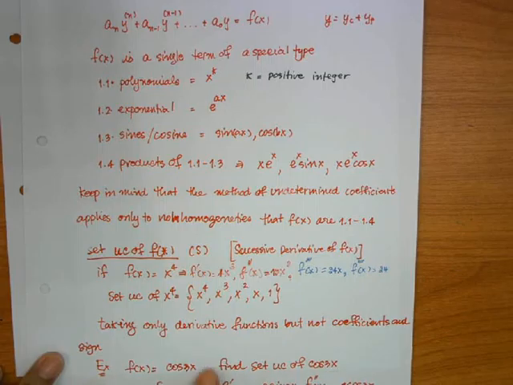The way you do it is you take the derivative of cos 3x. The first derivative of cos 3x is minus 3 sine 3x. What about the second derivative?